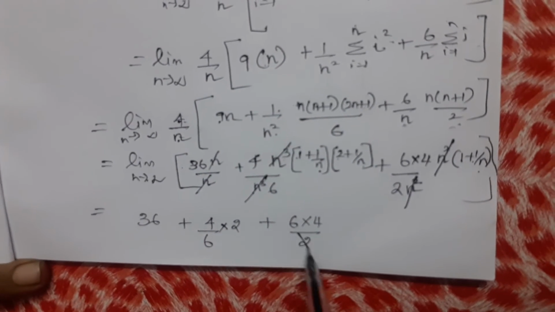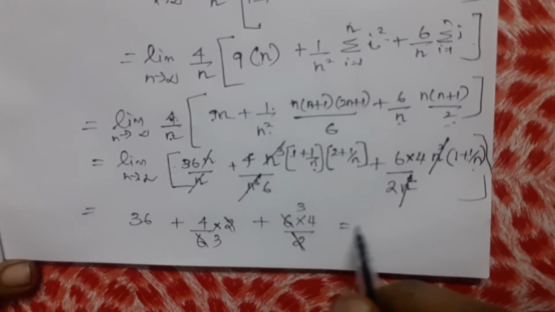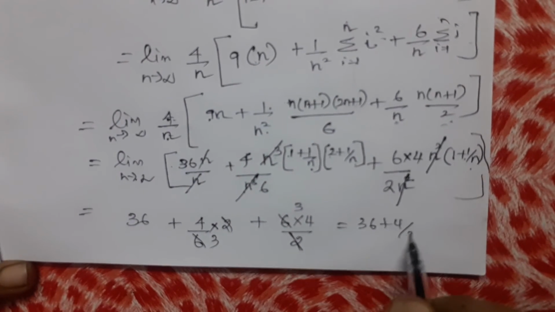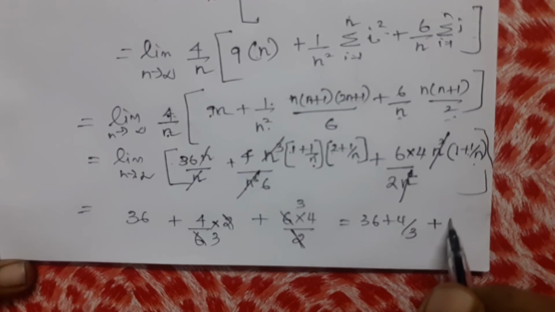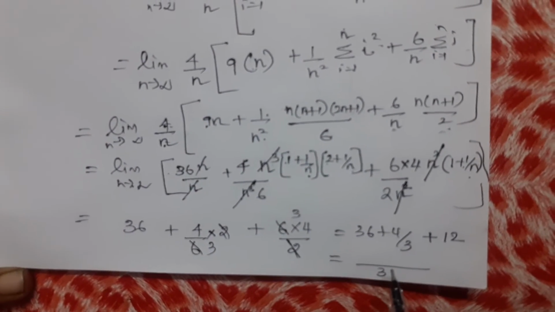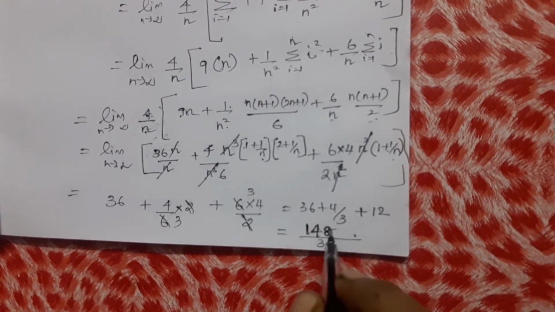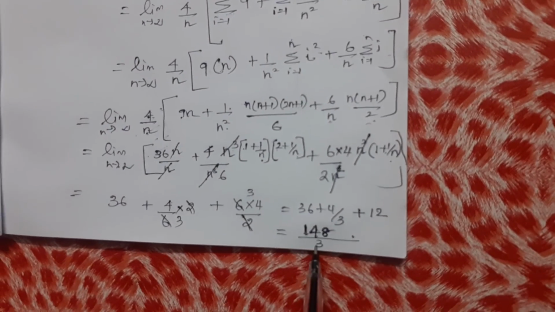So after cancelling we get 36 plus 4 by 3 plus 12. 3 is the LCM. Thus after taking LCM we have 148 by 3.